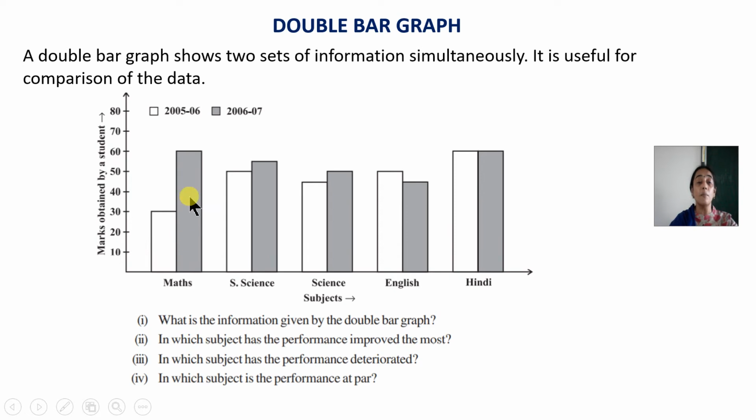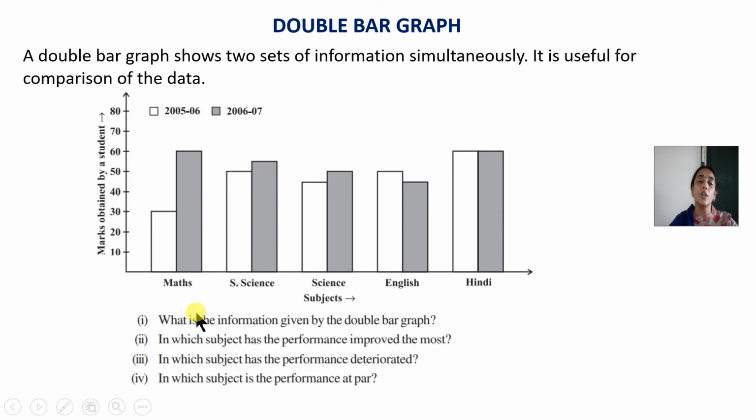But about 2 years, the information is given on the same graph. That is, the two sets of information are shown simultaneously on the same graph, and that graph is called a double bar graph. And comparison of data can be done easily. I don't have to take two graphs to do it.